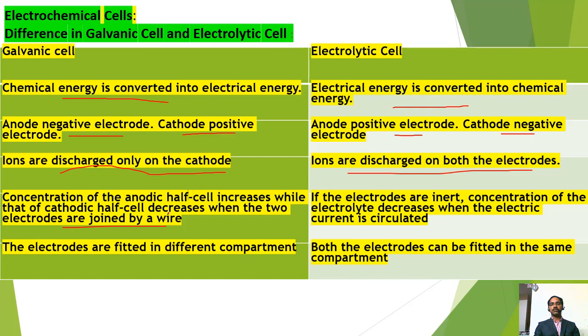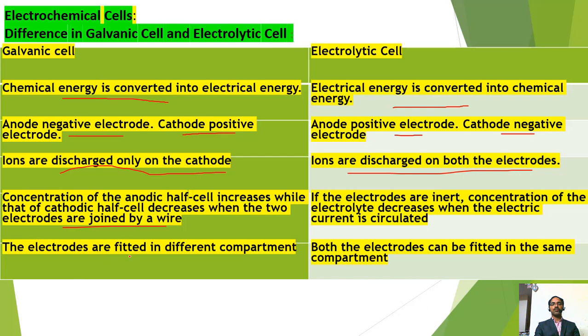In case of the copper electrode cell, the Cu2+ ions are forming into copper. After some time, the number of Cu2+ ions are decreasing, so the concentration also decreases.